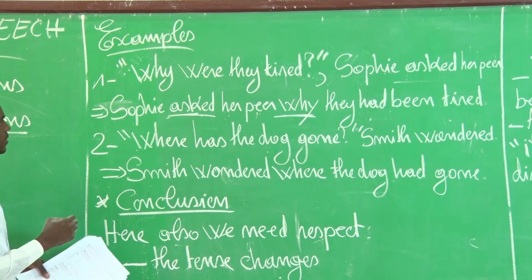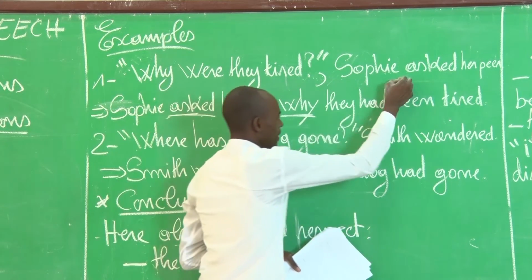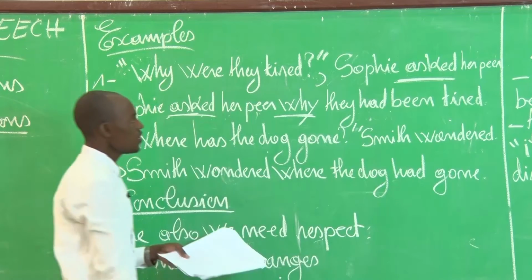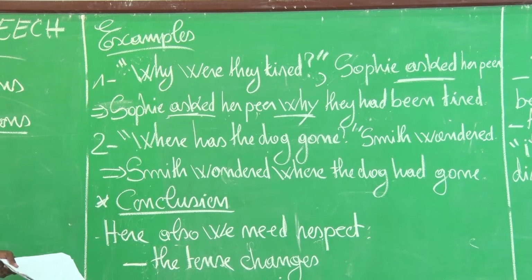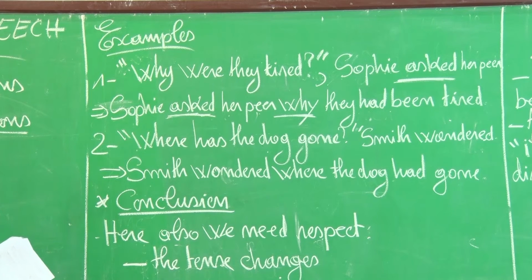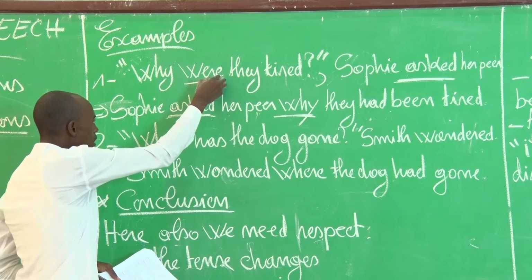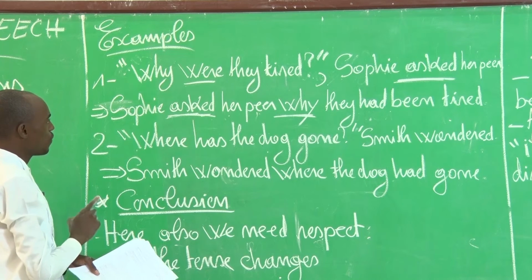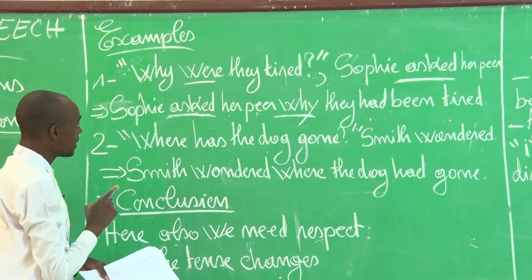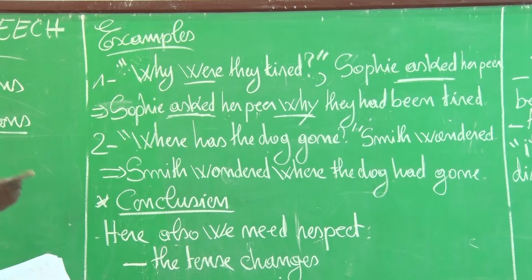In the first sentence, we have "asked" as an introductory verb, in the simple past. In reported speech, the verb "to be" in direct speech, which is in the simple past, changes tense.